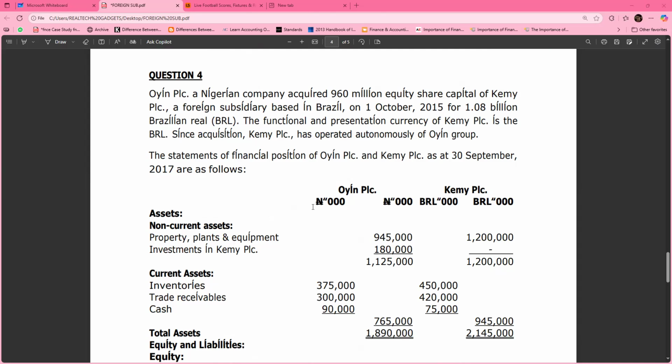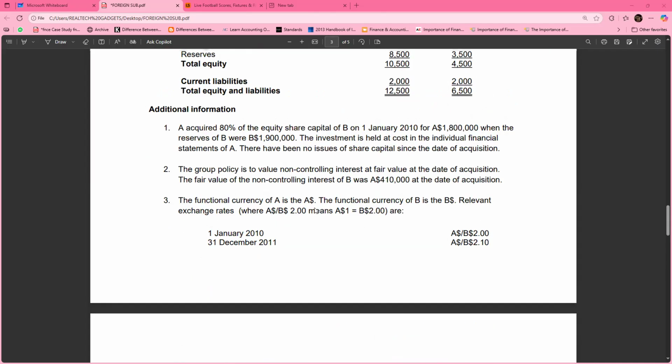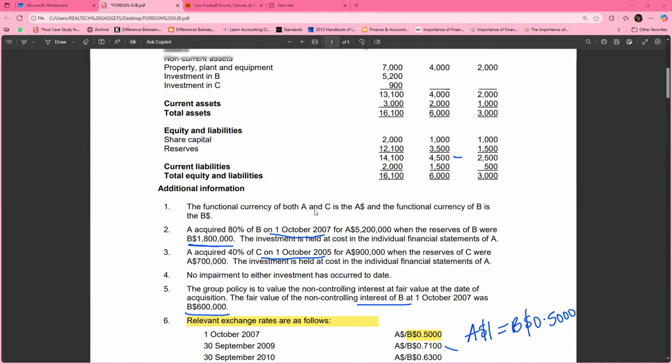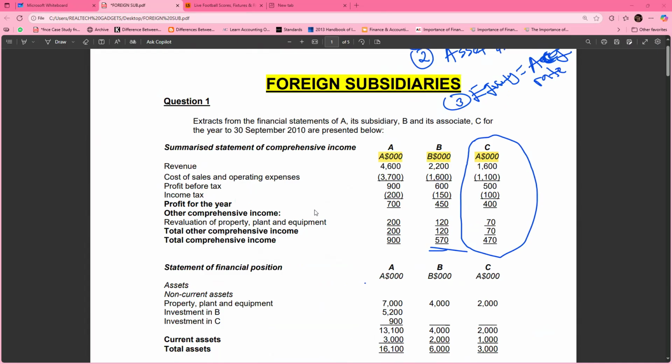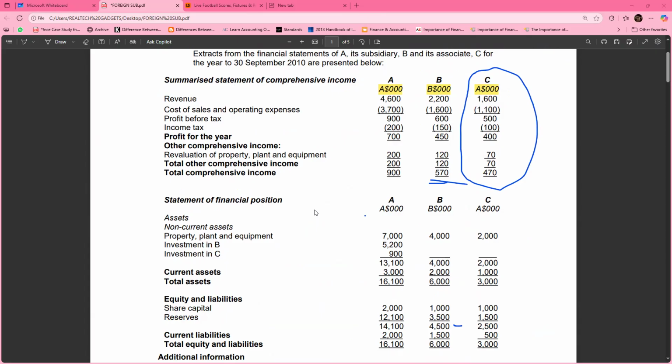It is the same thing on the income statement as well. Once you prepare your group structure, the next task is to translate the financial statement to the parent's currency.